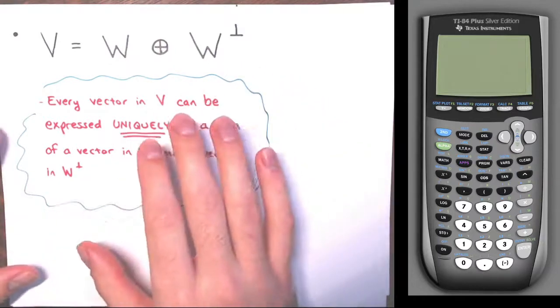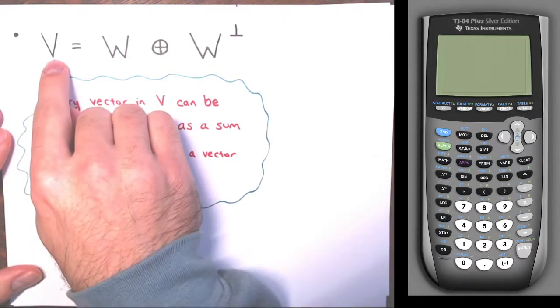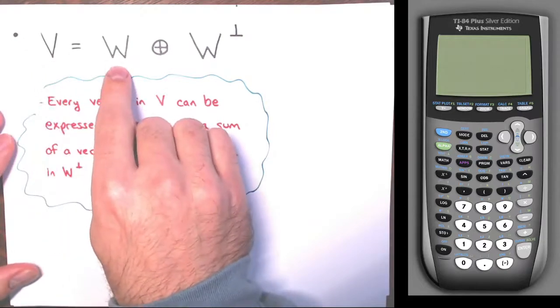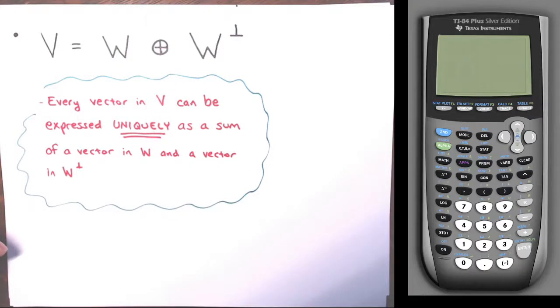Alright, so keeping that in mind, now the question is, how do we do this? How do I take a vector from an inner product space and write it as a vector from some subspace W plus some vector from the orthogonal complement? And that's what today's video is about. How we decompose a vector from V into the sum of two orthogonal vectors, a vector from W and a vector from its orthogonal complement.